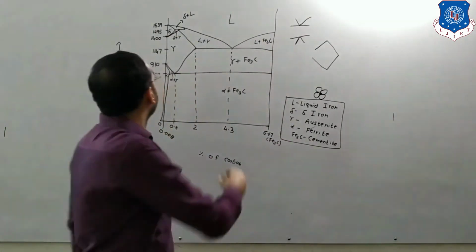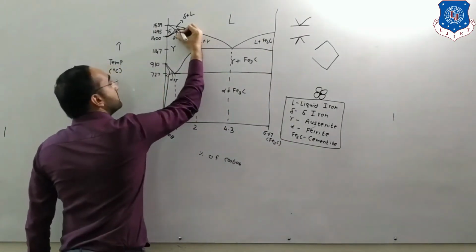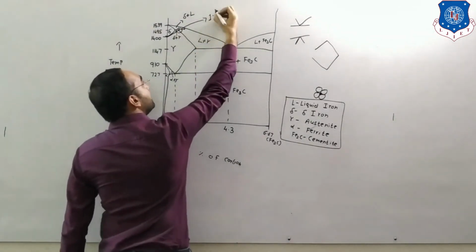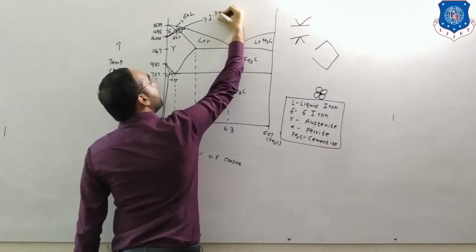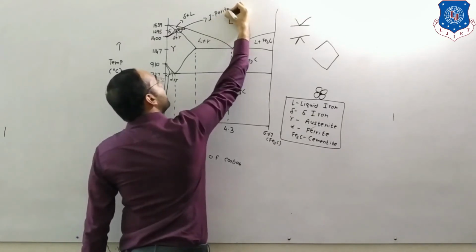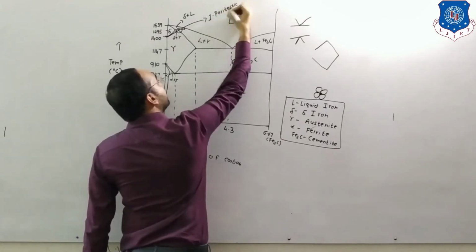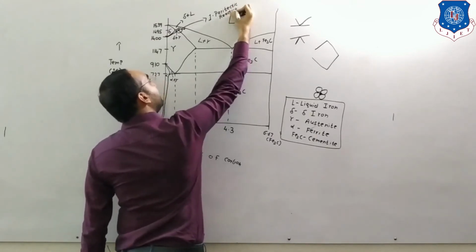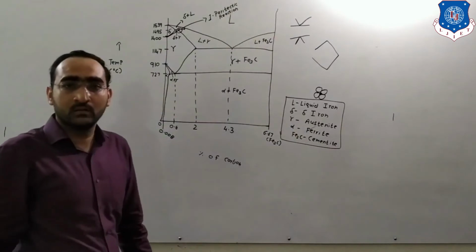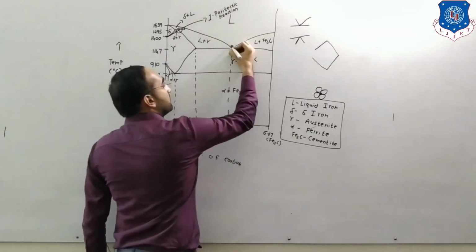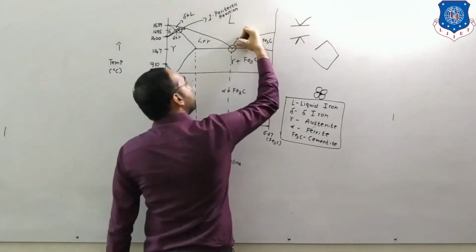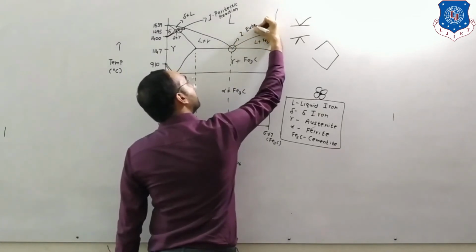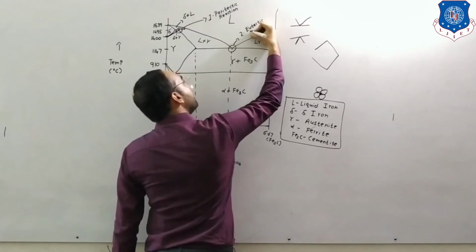The first one is over here, this position. Here your first reaction occurs, that is known as a peritectic reaction. That is your peritectic reaction. The second one occurs over here. The second reaction is known as a eutectic reaction.